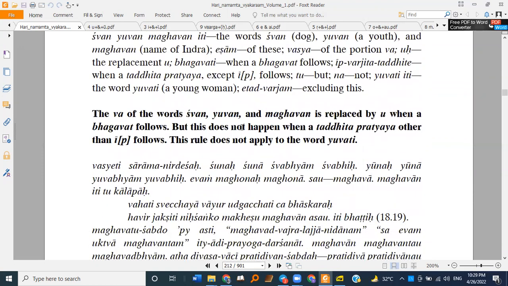When it says Va, it also includes that Arama. It's not just Va, the consonant. So the va of the words Shwan, Yuvan, and Maghavan is replaced by U when Bhagavat follows. But this doesn't happen when a Tadhita Pratyaya other than Ip follows. This rule does not apply to the word Yuvati.